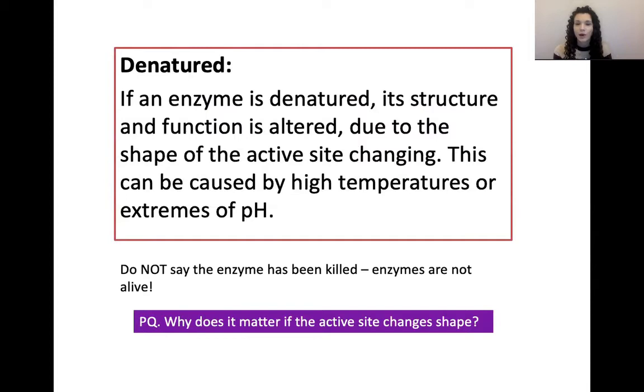This can be caused by very high temperatures or extremes of pH, so that means very acidic or very alkali conditions. Would you be able to pause the video and write that definition of denatured enzymes down? That would be brilliant. Fantastic, well done.